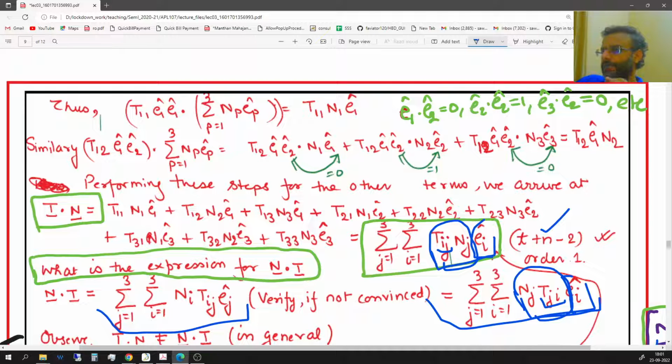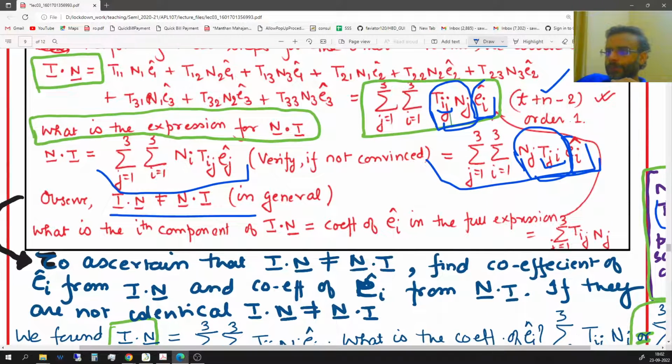Having derived this expression for T dot n, my interest is now to find an expression for the other dot product possible between n and T, and that is n dot T. n is coming from the left hand side and T is coming from the right hand side, and they dot with each other.